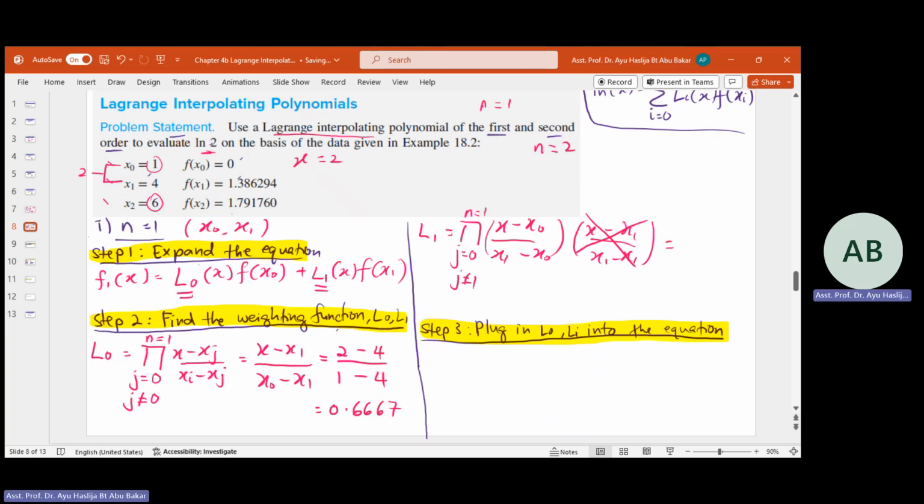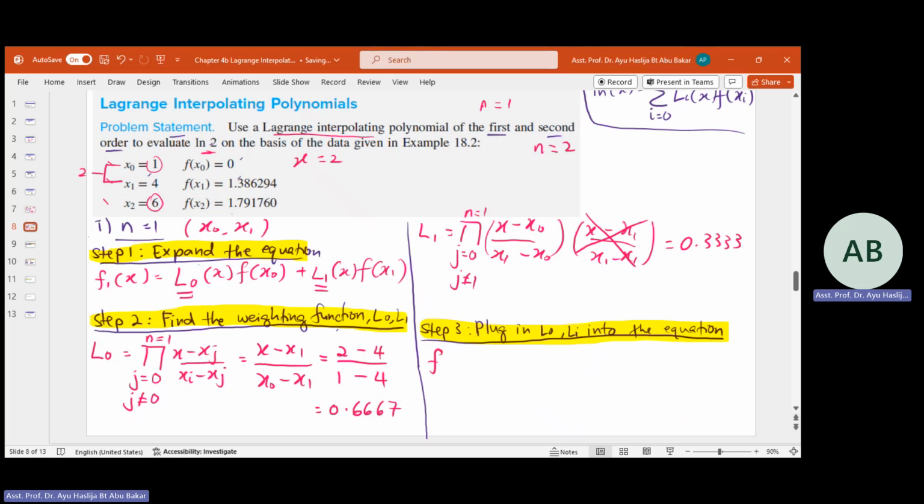So what do you get for your L1? 0.3333. Once you obtain the L values, plug into the expanded equation.